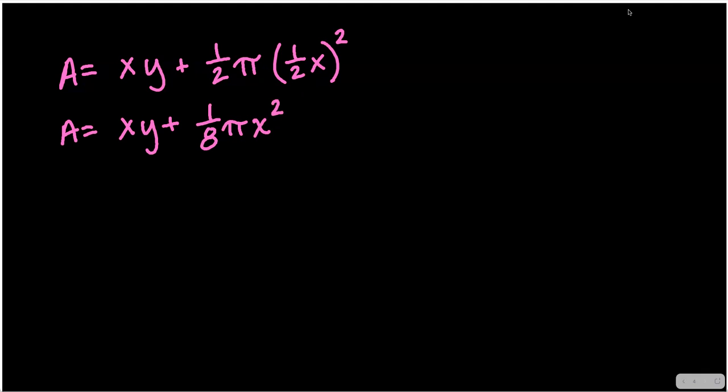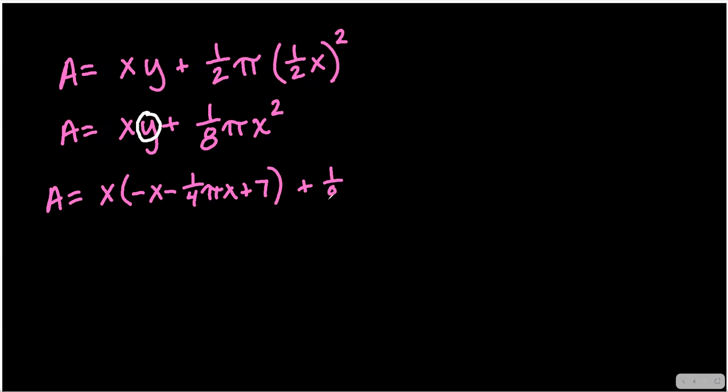And that's why we got that y by itself, so that I can go ahead and isolate it now and plug it in. So I'm going to simplify this by saying that the x times my y value, which I said was negative x minus 1/4 pi x plus 7, plus 1/8 pi x squared.